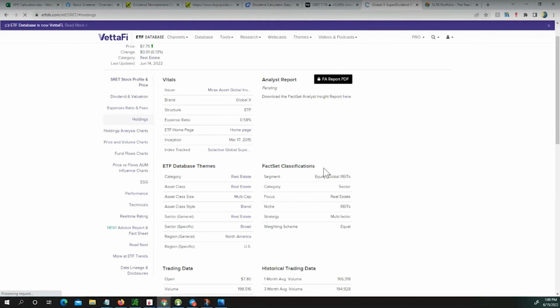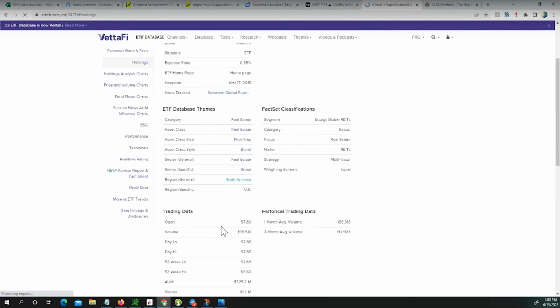Just from their initial page, you can see they invest in global REITs, real estate REITs, multi-factor and the likes. The volume is around 198,000. So not so much in terms of volume. You want something that is around 300K.